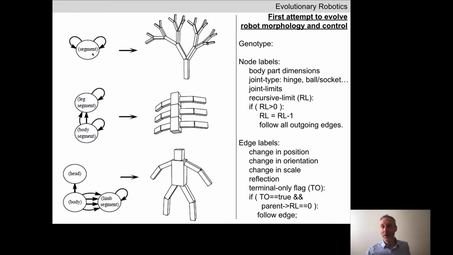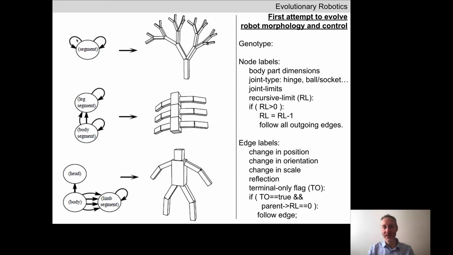Because it's a base body part, by definition, it has no parent body part. So whatever joint information is encoded in this base part, we just ignore those numbers and we finish building this body part. We then travel along each edge in turn.